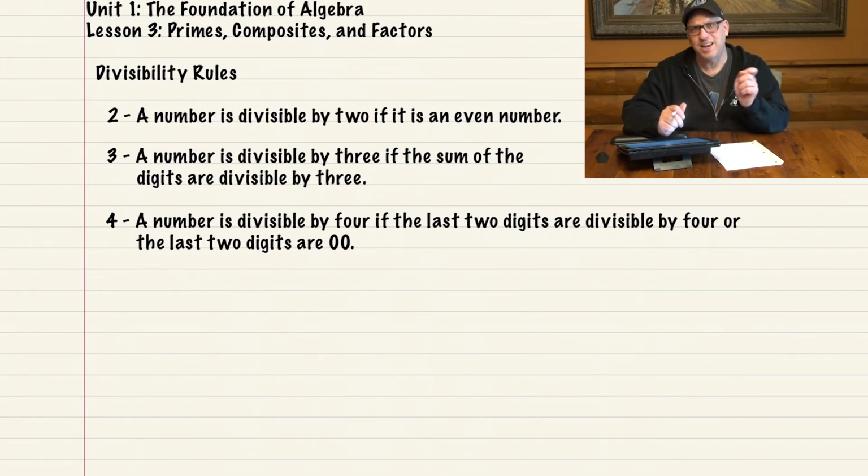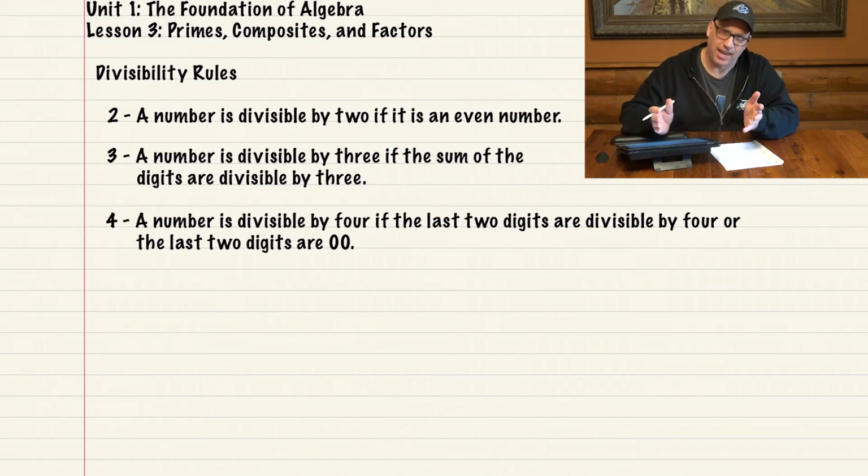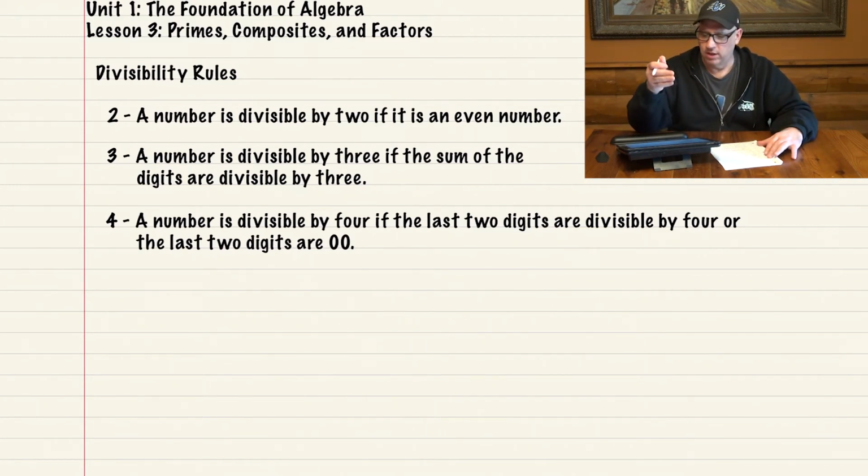4 is kind of handy, kind of not handy. So 4, the rules are if the last 2 digits are divisible by 4, then the number is. And if it ends in 0, 0, then it is. So how is that helpful?